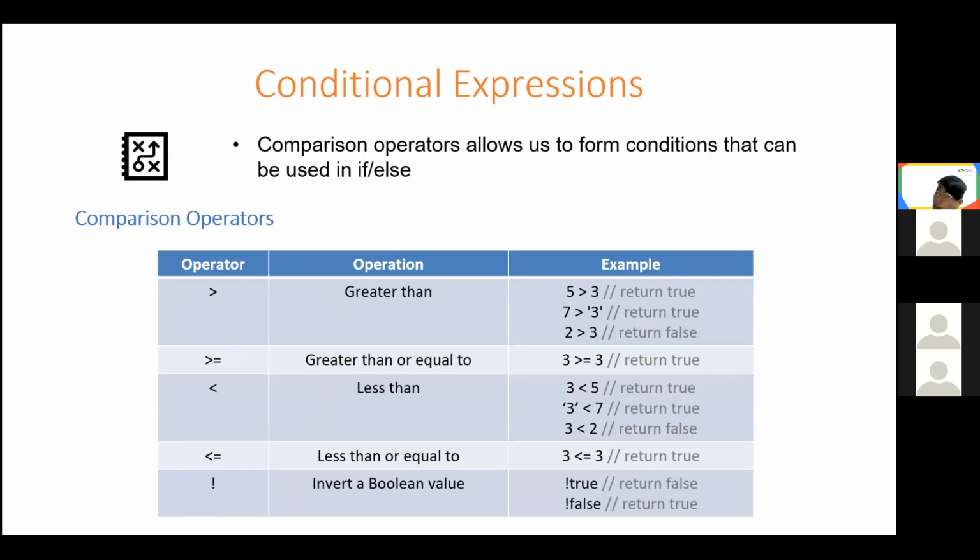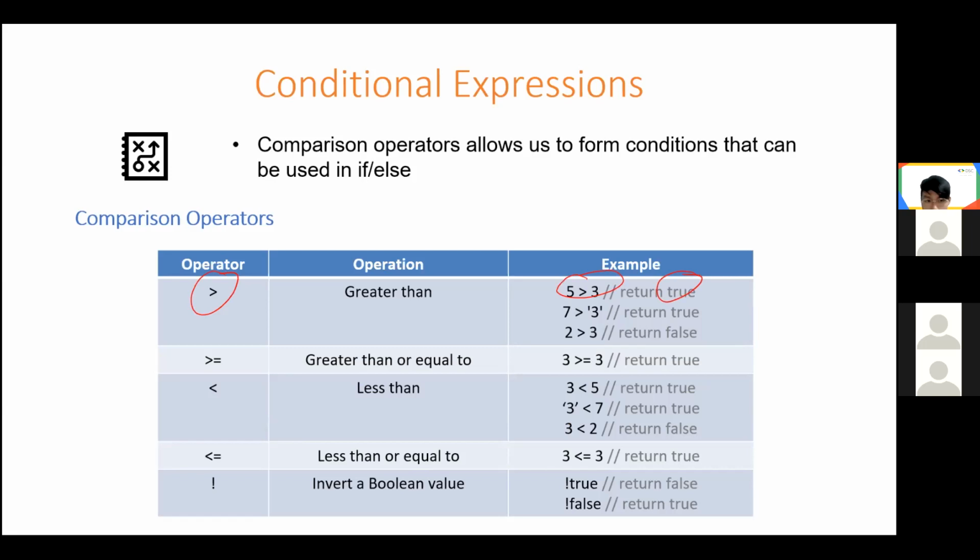Next, we have some things very similar to math as well. Comparison operators that deal with numbers. We have the greater than. Testing if 5 is greater than 3 is true, so we return true.